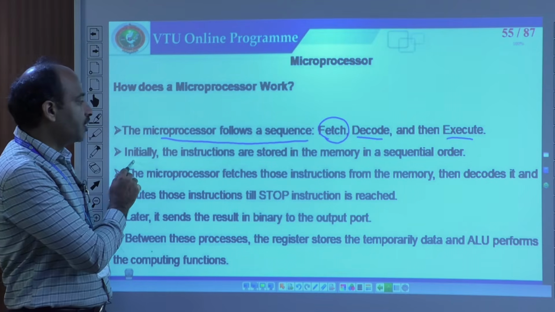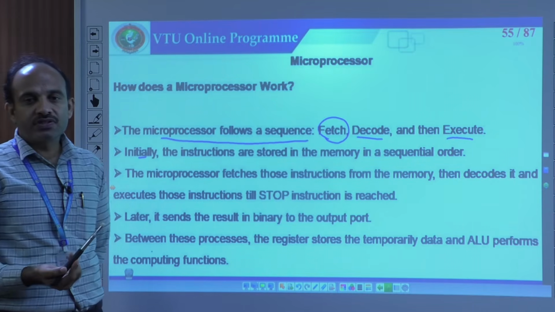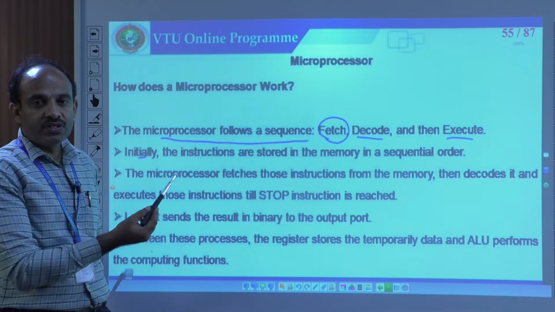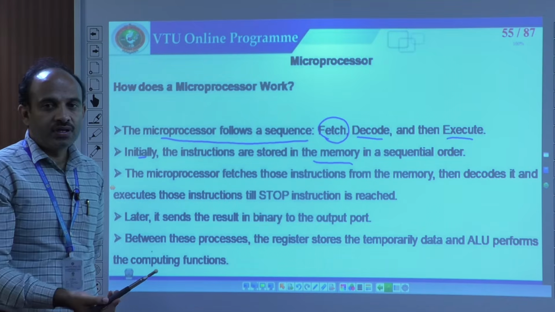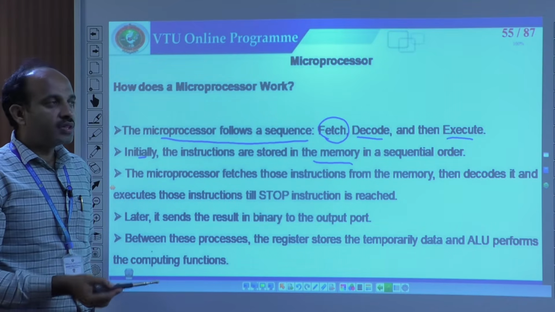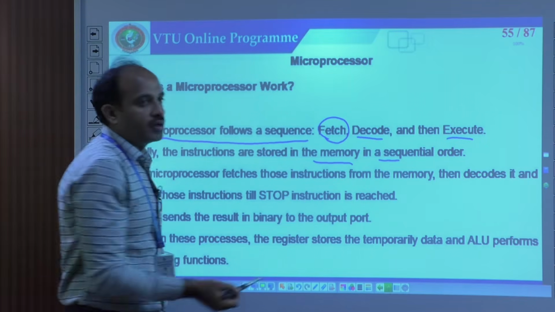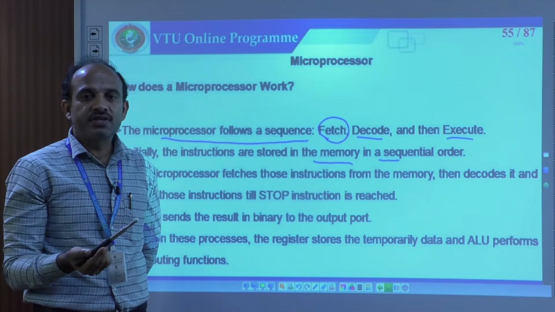Now we will see initially how it works. The instructions, whatever we are sending, are nothing but a set of instructions, that is, the programs. Those instructions are stored in the memory. Whatever instructions you have given will be stored in the memory. How will it be stored? In a sequential order. We have seen sequential and non-sequential already.